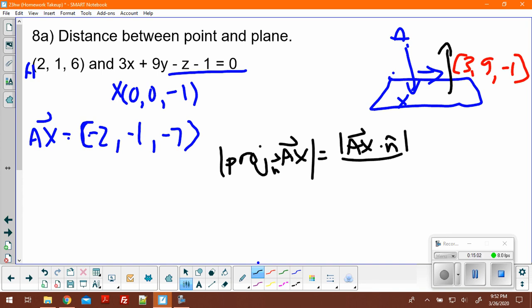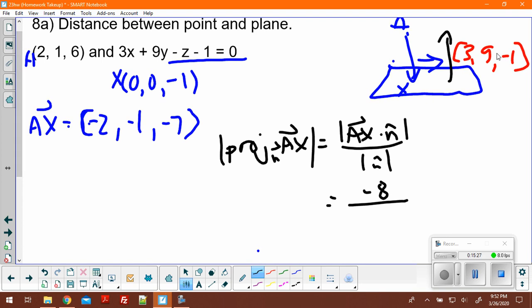Okay, so we've done this lots, so let's try to speed this up a tiny bit here. Okay, ax dotted with n. So -2 times 3 is -6, minus 9, which is -15, plus 7, so that should be -8, over the magnitude of 81 plus 9 is 90, plus 1 is 91.